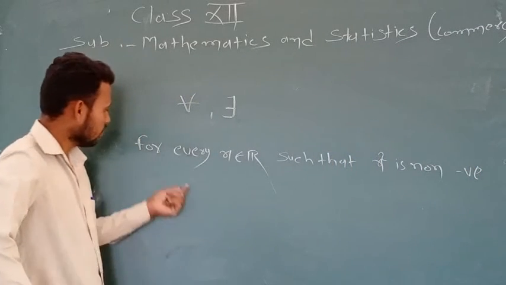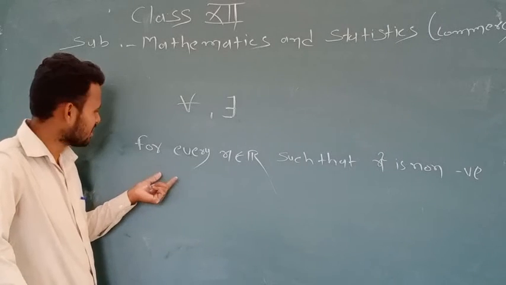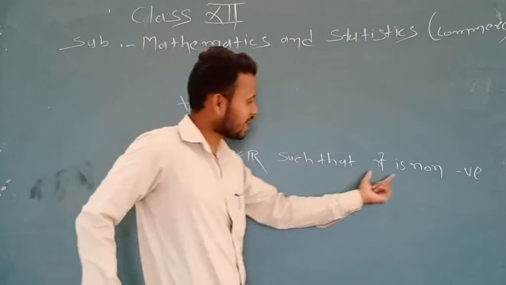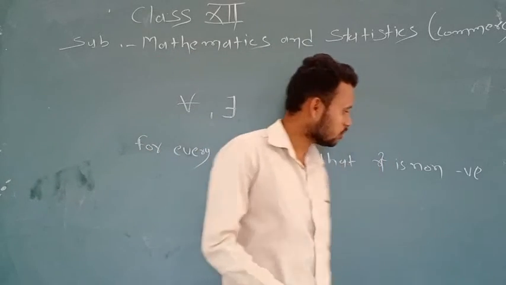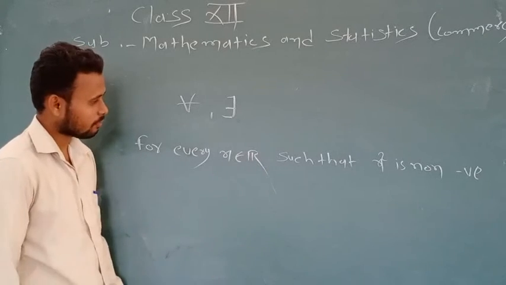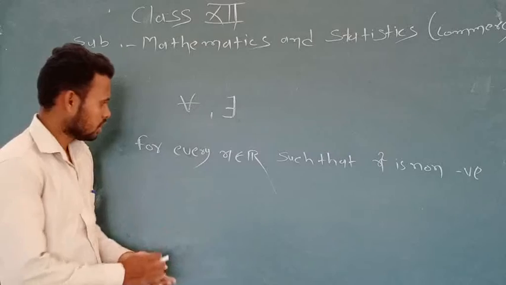Here this is a simple sentence: for every x belongs to real number such that x square is non-negative. Now we can write this sentence in mathematical form with the help of the quantifier for all.